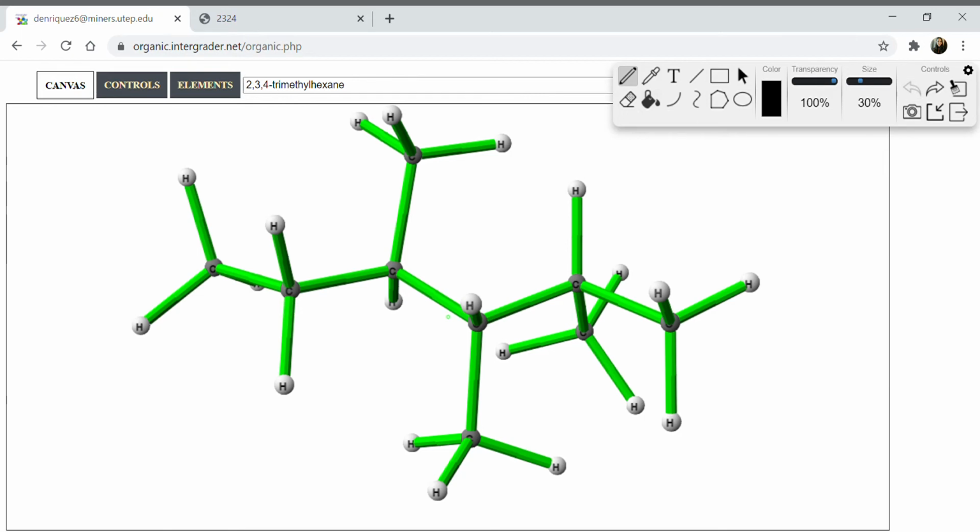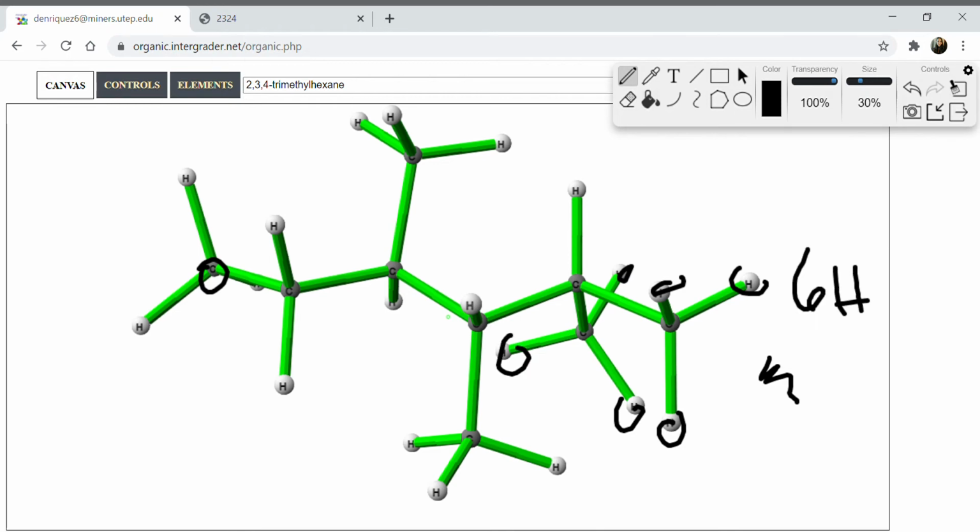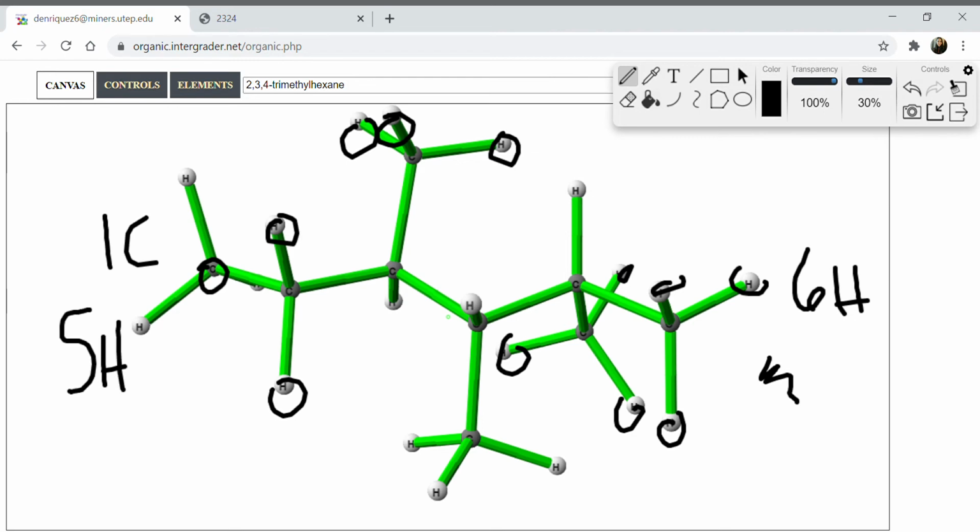We have to go out one more. So this one has a carbon. This side doesn't have any more carbons, so that's why you're only counting the hydrogens, which means it's 6 hydrogens. This is one carbon, and you count the outside hydrogens from the bond before, which gives 5 hydrogens.